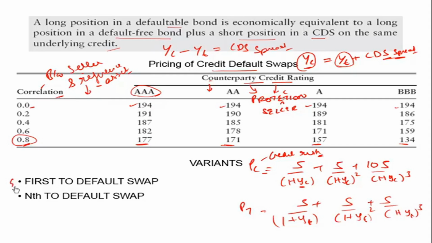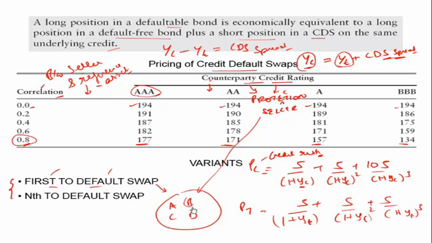Now there are two variants of the credit default swap that we need to be aware of. In a first to default swap, from a basket of reference assets, so A, B, C, D are, for example, 4 reference assets, the protection seller will make good for the payment of any of these defaults.